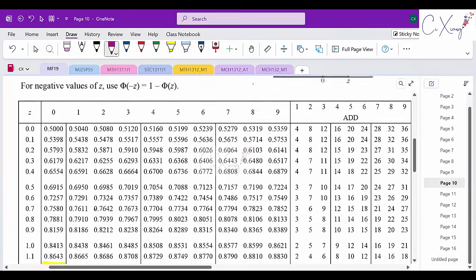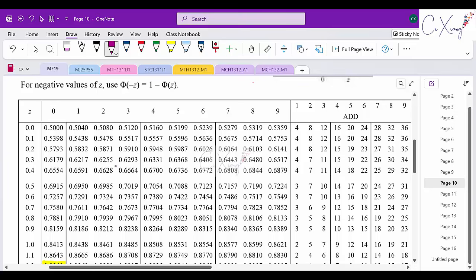Where is 0.75? Please look for a value less than 0.75 but closest to it. According to what I have here, I think this is the closest value, 7486. How can I make it become 7500? You have to add 14 to the last two digits of the number. Then, at the same row, look for 14. Is there any 14 at the back?